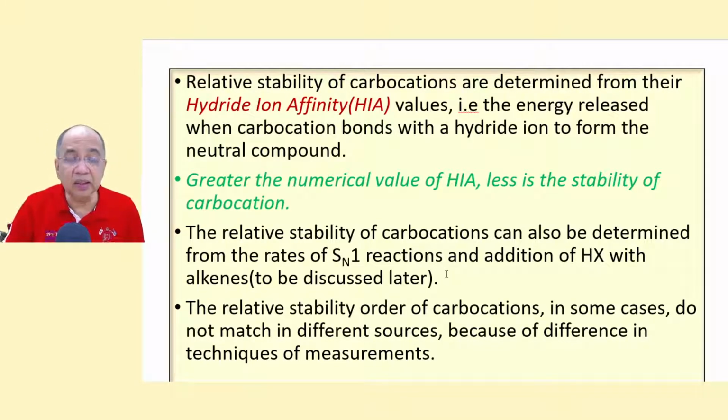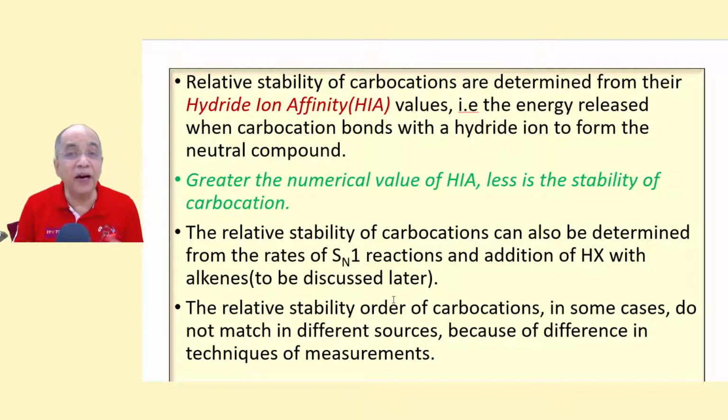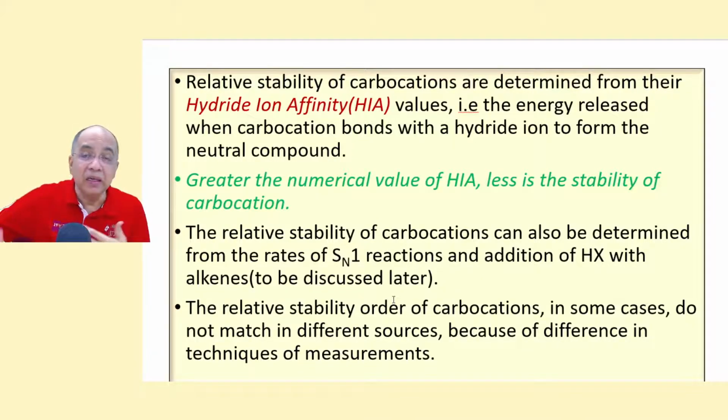Earlier, the gradation was done on the basis of SN1 rate. We will not talk about nucleophilic substitution, first order, here. Any organic substrate subjected to the SN1 process involves carbocations, and we find the relative rates. The more the rate of the SN1 reaction, the more stable the carbocation.